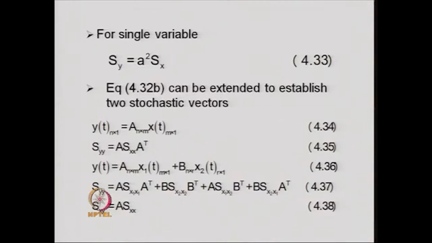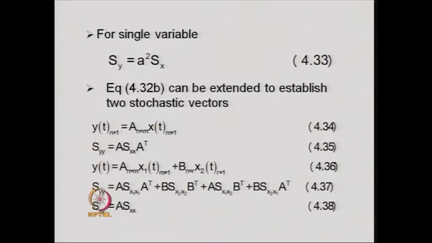Similarly, Sxx would be a matrix, and the elements of the matrix will be similar to the Syy matrix. The coefficient matrix A exists as a prefix on the left hand side, A into Sxx At, where At is the transpose of matrix A.